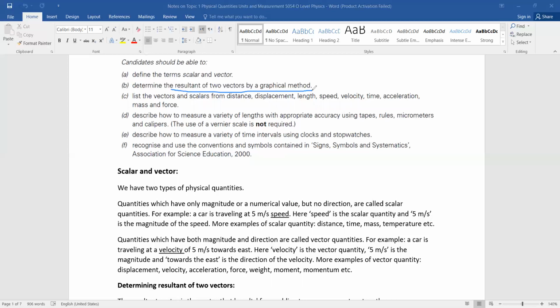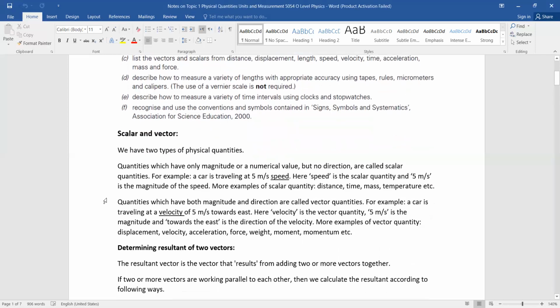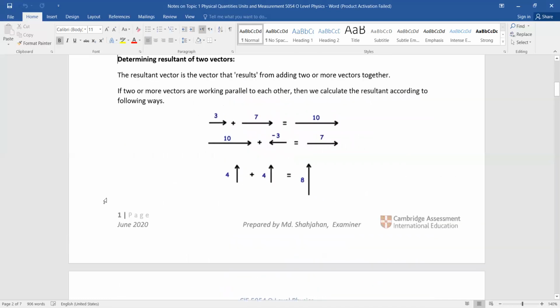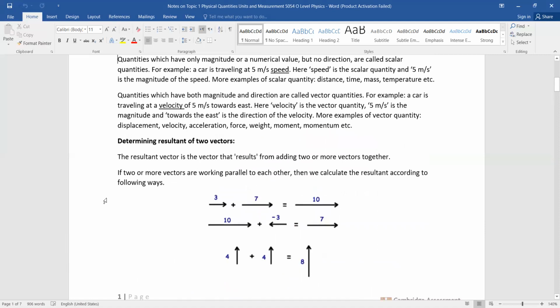Okay, we will try to understand this one. I think you have an idea about this, right? When you learned this, I think you have an idea. So how do we do it? Can you give me some idea? Determining the resultant of two vectors.